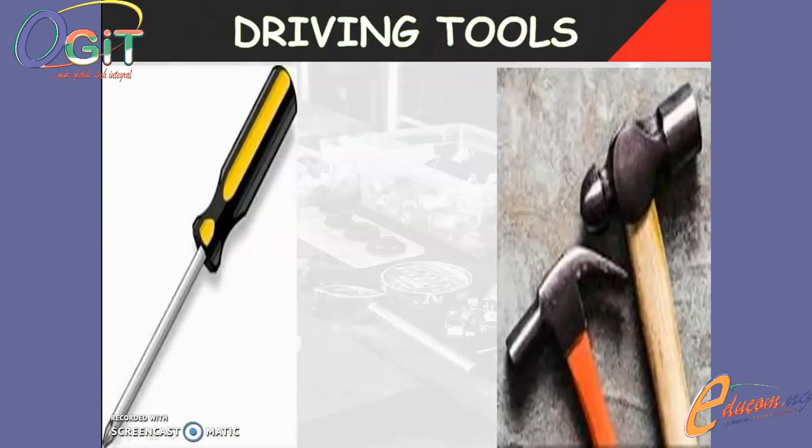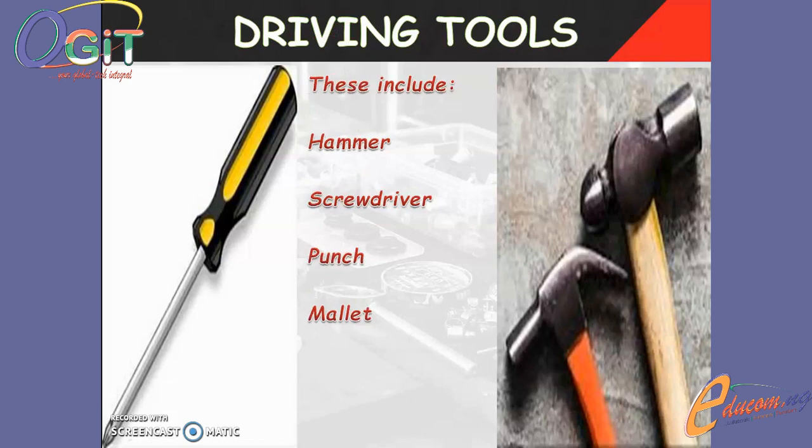The third tool we'll be looking at are the driving tools. These tools are used to drive in nails or screws into wood. These include the hammer, as you can see on the right side of the picture, screwdriver on the left, the punch, and the mallet.